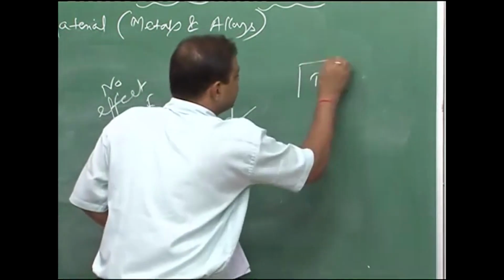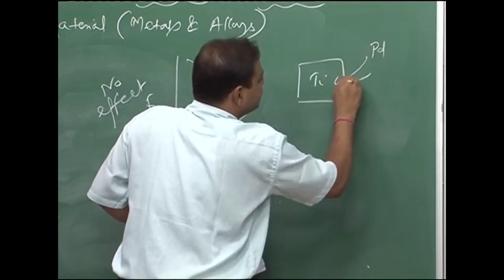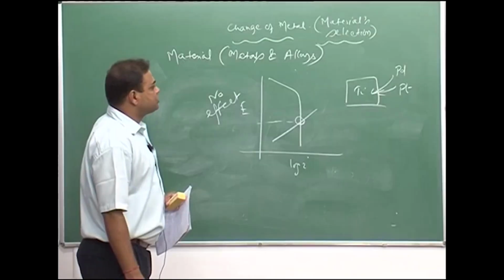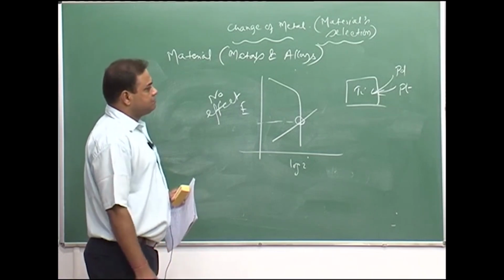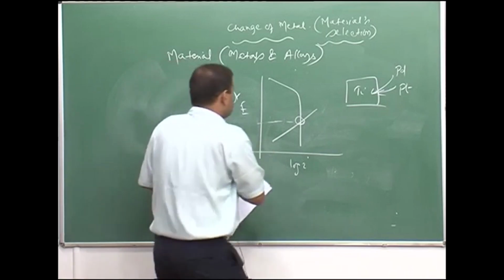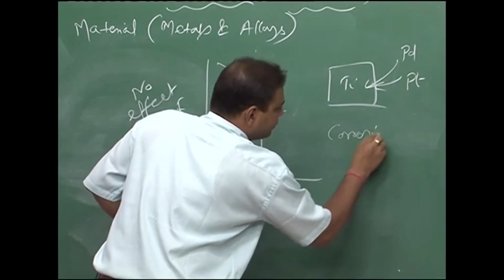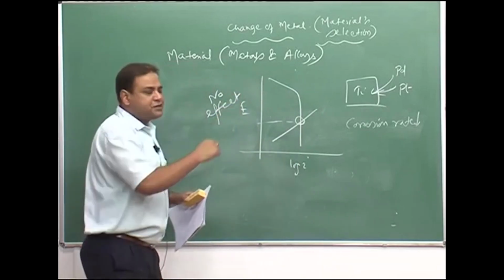In case of titanium, if we add palladium or platinum, we see that the passivation would be faster, and the material can remain in passive state because of those effective cathodes. So, in this case the corrosion rate decreases or the corrosion resistance improves.